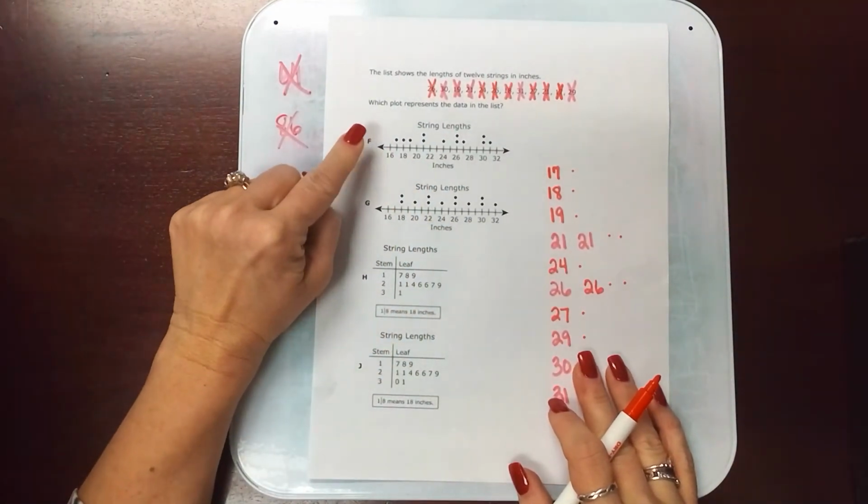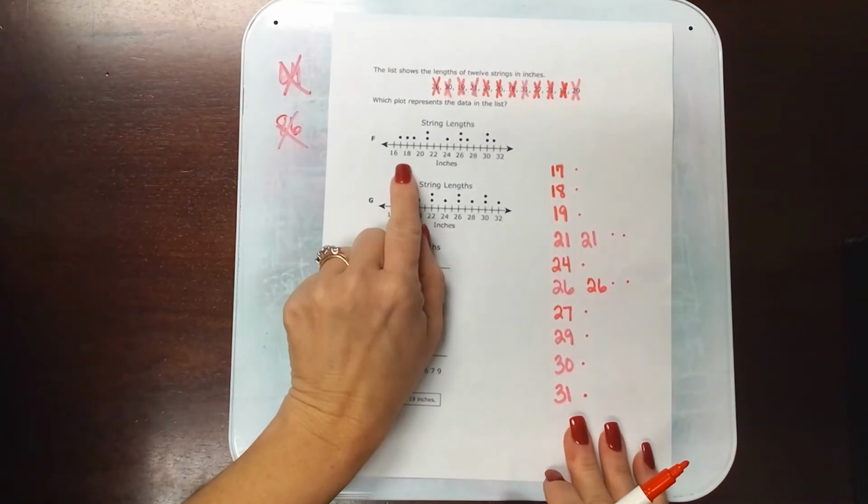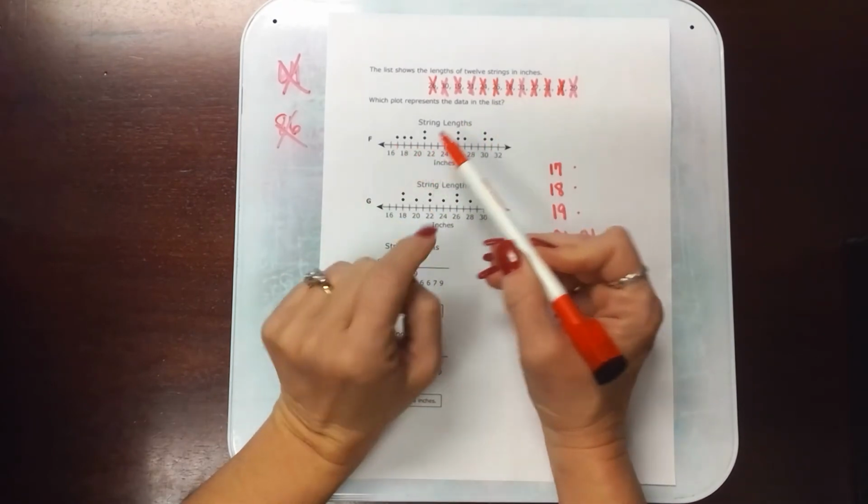So let's look. It's asking me which plot represents the data in the list. All right? So let's look at the first one. It looks like it's going up by 1, so 16, 17, 18, 19, 20.